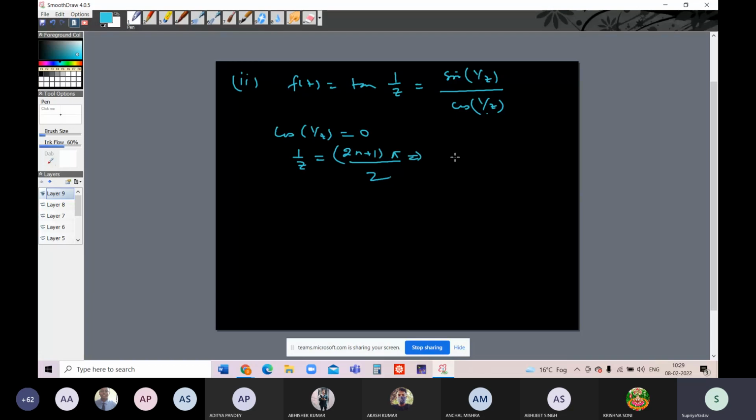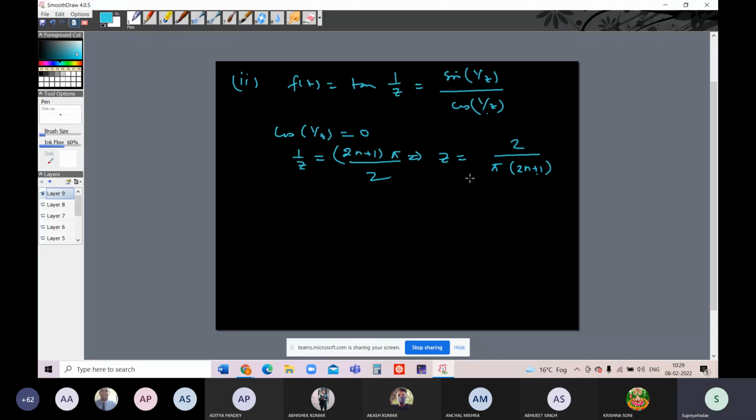So we can say that z will be 2 upon pi (2n plus 1). Again, this n will come from the set of integers. So each of these points will be an isolated singularity for this function.